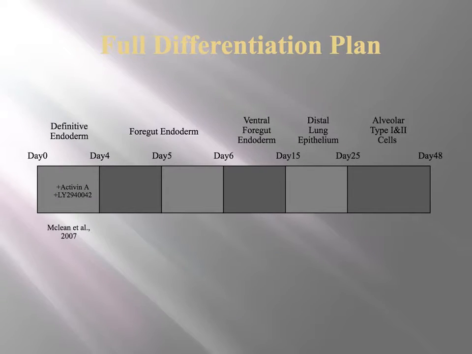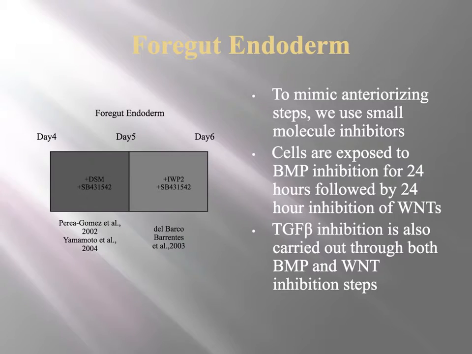Once we'd made definitive endoderm, our next step was in making foregut endoderm. So in the developing embryo, foregut endoderm is driven by a few inhibition steps, the first of which being an inhibition of BMP, and the second of which being an inhibition of Wnt.